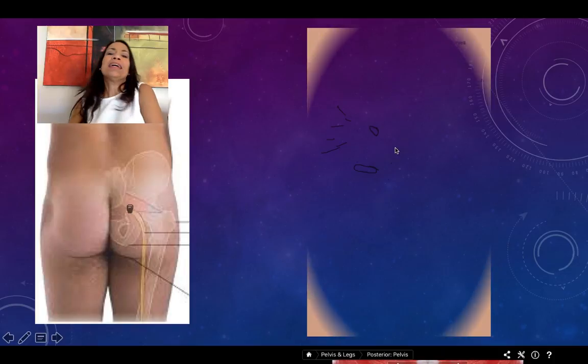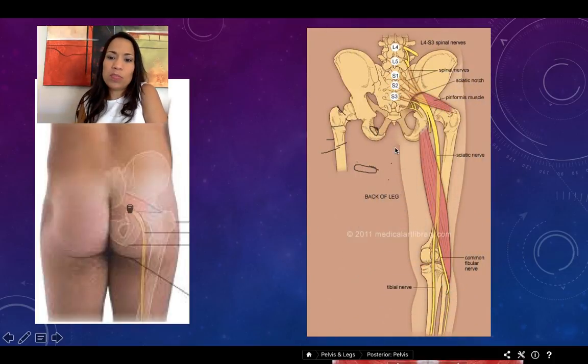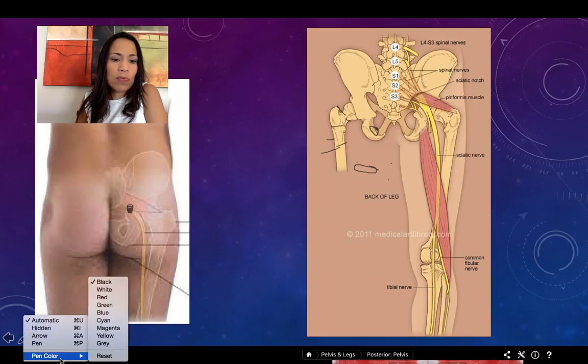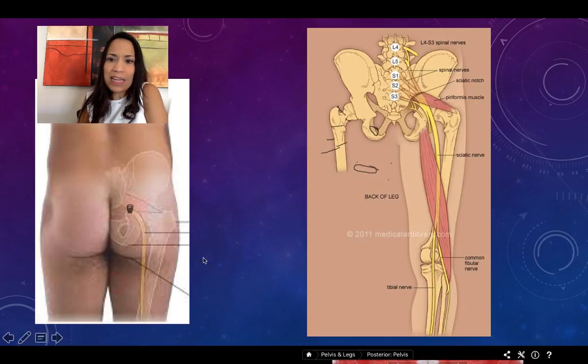And in here, I just put this because we're going to use it for the next group of muscles, to describe a little, now that we're here, the sciatic nerve. So see, this is the sacral plexus. These spinal nerves form the sciatic nerve.